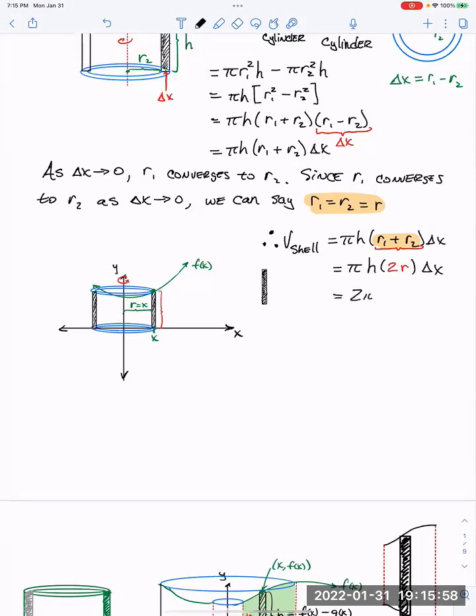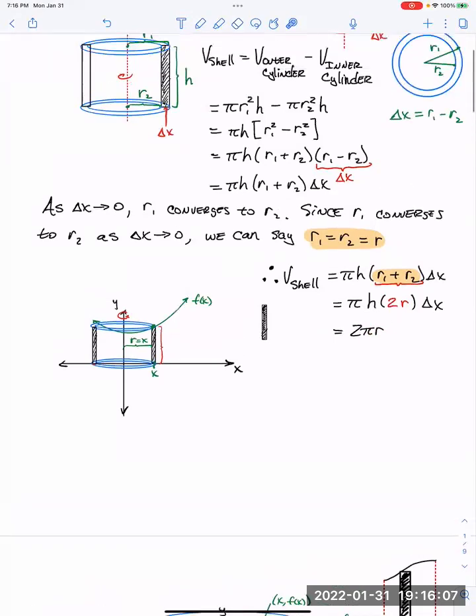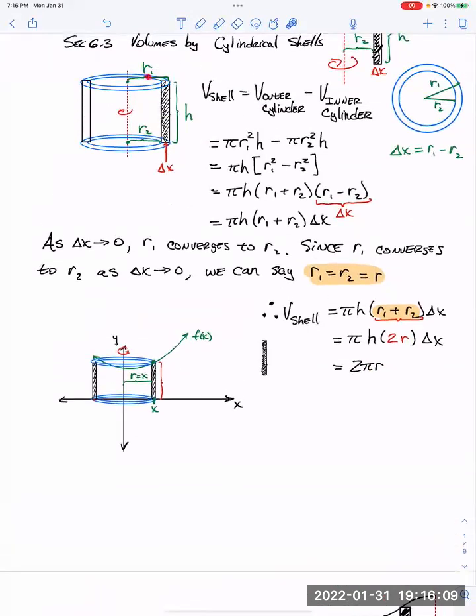Now, if you think about it, what does 2 pi r represent? Circumference. So when you look at the shell, it's basically this circumference right here, 2 pi r. But there's a little thickness, and that little thickness is delta x.